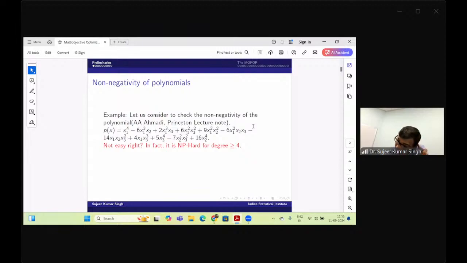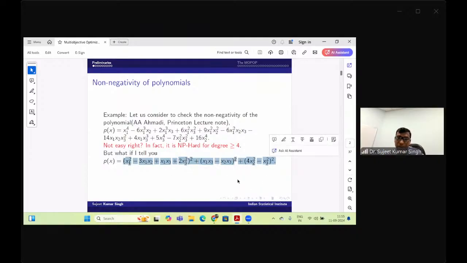So just by observing, and even with mild computation, we will not be able to check the nature of this polynomial. However, consider the second polynomial. If I tell you that the former polynomial p(x) can be expressed as this latter polynomial p(x), you can see that it is a sum of squares of different polynomials. This is one polynomial squared, this is another polynomial squared, and this is another.